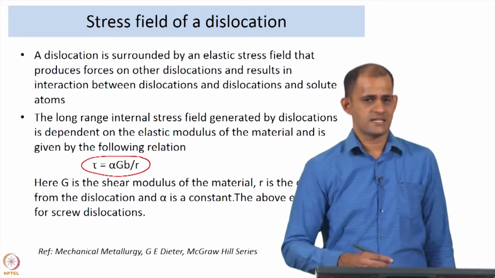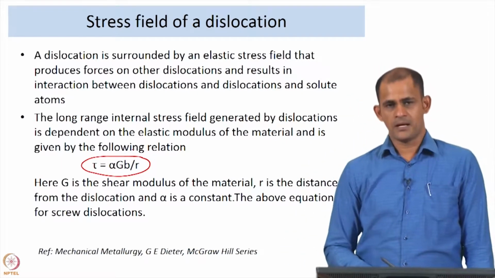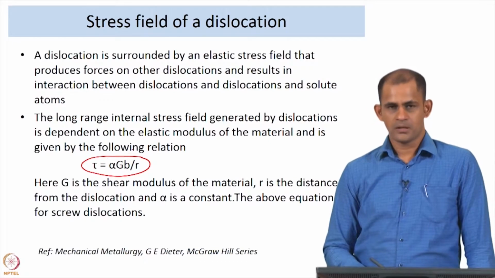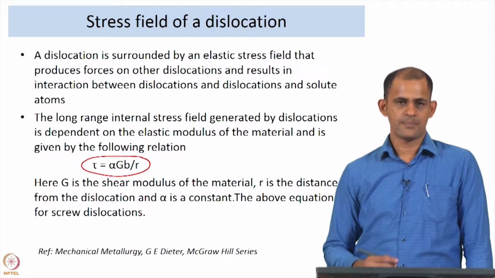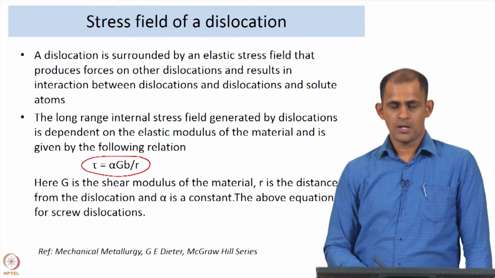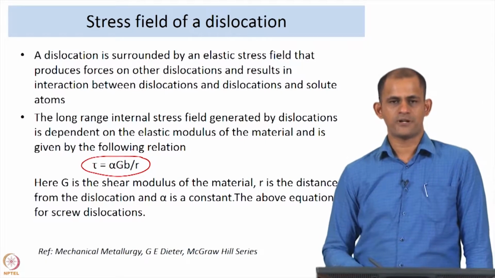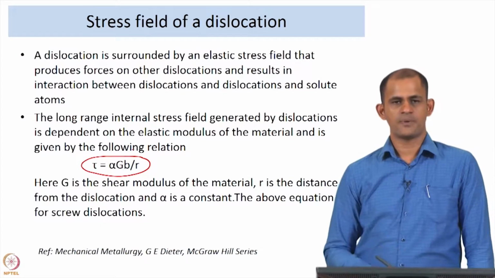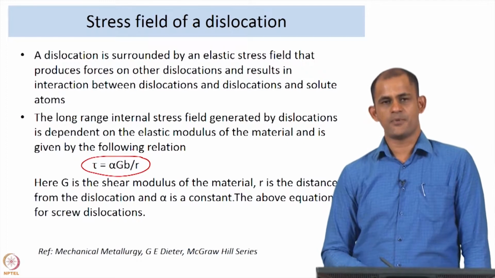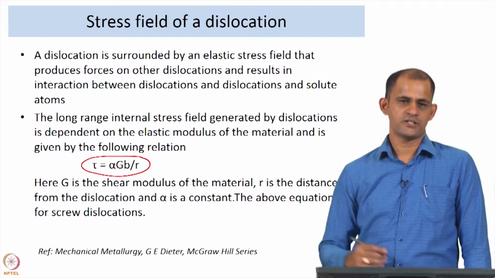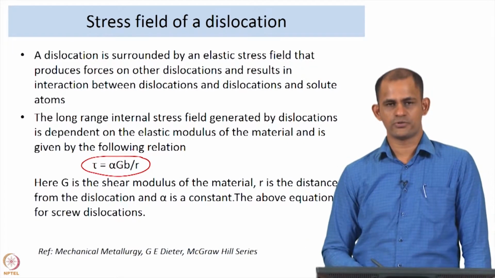So, what is the significance of this? Well, the significance is that the stress field or the thermal component of the internal stress is dependent on the shear modulus, and when you are trying to determine the thermal component of the internal stress field, it is important to understand that as a function of temperature the shear modulus is going to change.